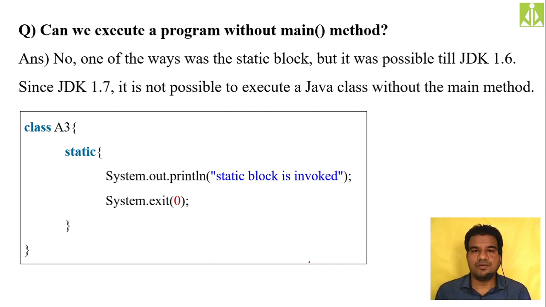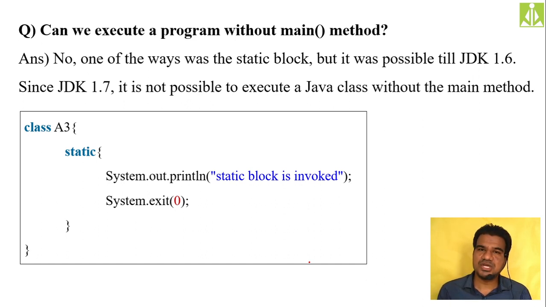no, we can't execute. There is an explanation for that. Maybe the people who have referred to older textbooks, I mean, before JDK 1.7. We have different versions of Java. If you refer to any older textbook like JDK 1.4, 1.5 or 1.6, up to JDK 1.6 it is possible to execute your Java programs without using the main method with the help of a static block.